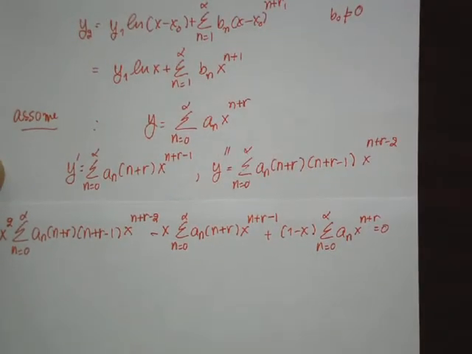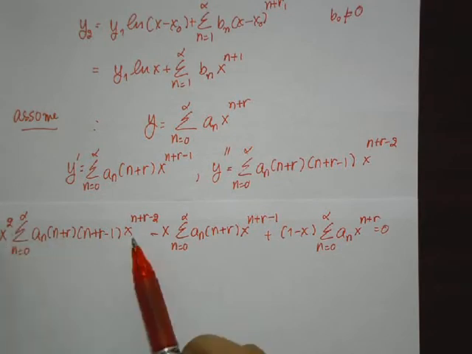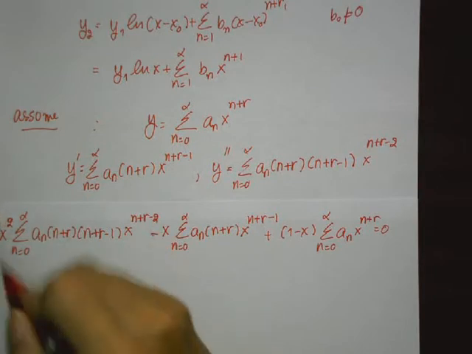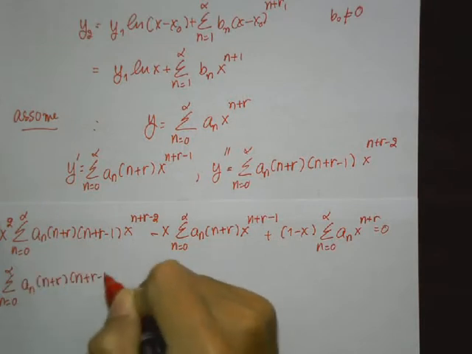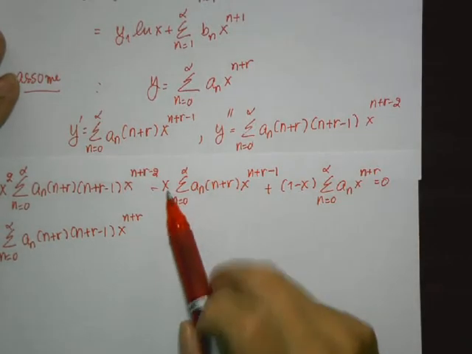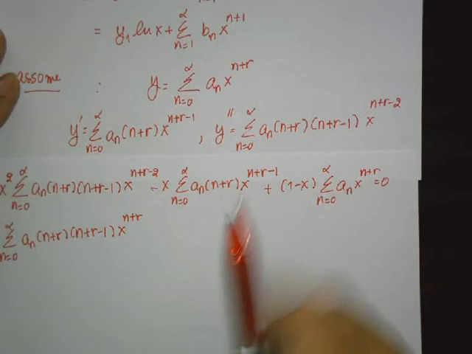Next, we are going to combine the x squared term with the term of x to the power n plus r minus 2. For our second term, we are going to combine the x here with the x to the power n plus r minus 1.